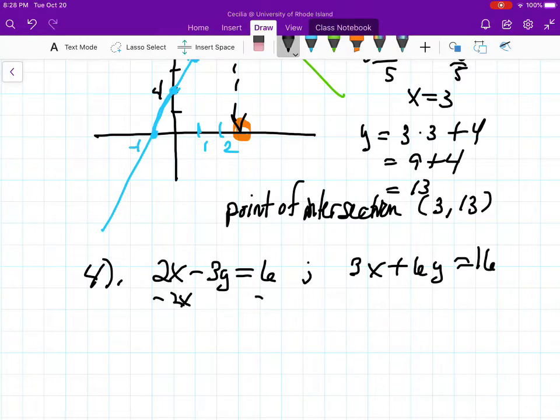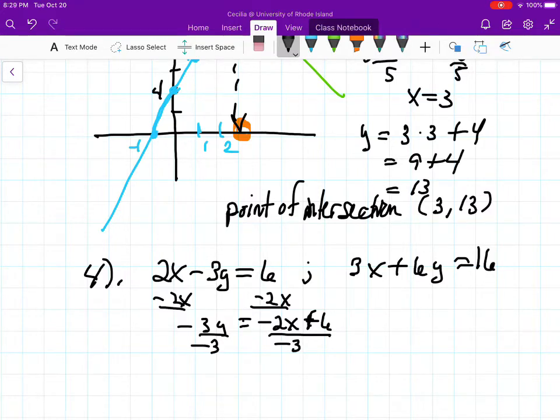So let's go ahead and start with the first equation and subtract 2x from both sides. And from that we'll get that negative 3y is equal to, and we'll put the 2x term first, so we're in the right form. And then we're going to divide by this negative 3. So we have to be careful with dividing by a negative that we don't lose that negative, and we distribute it appropriately through every term in the numerator.